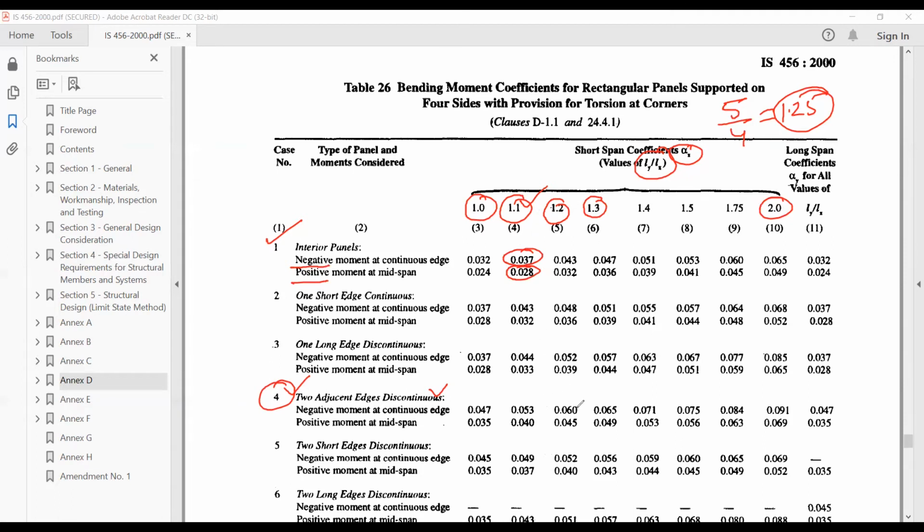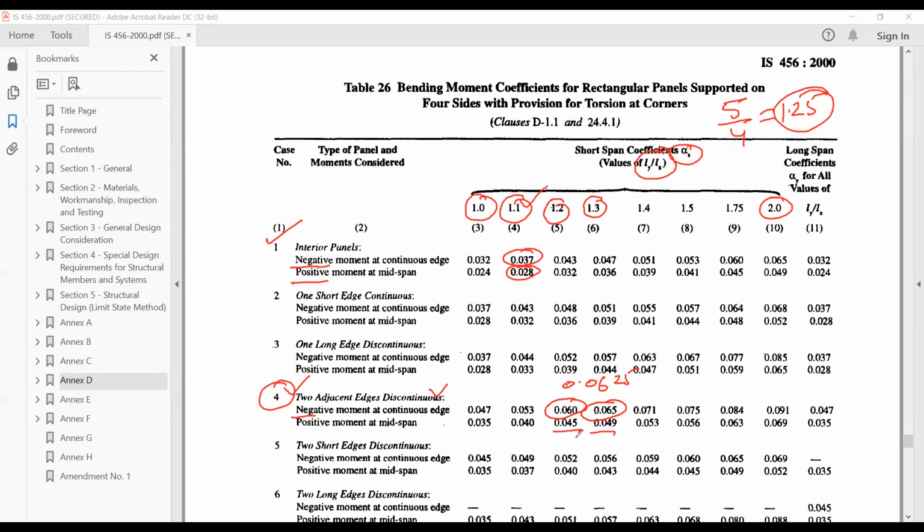So if we have to find out alpha x for negative moment, which is Mx negative, our value will be between 0.060 and 0.065. So our value will be 0.0625. Which means for negative moment, Mx negative, alpha x value will be 0.0625. Similarly, if we want to find out alpha x for Mx positive, the value will be between 0.05 and 0.049.